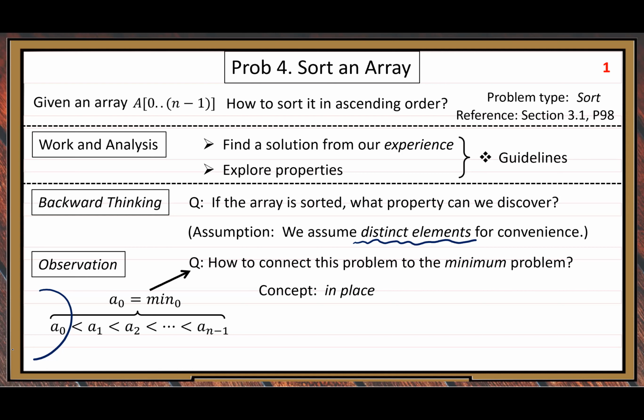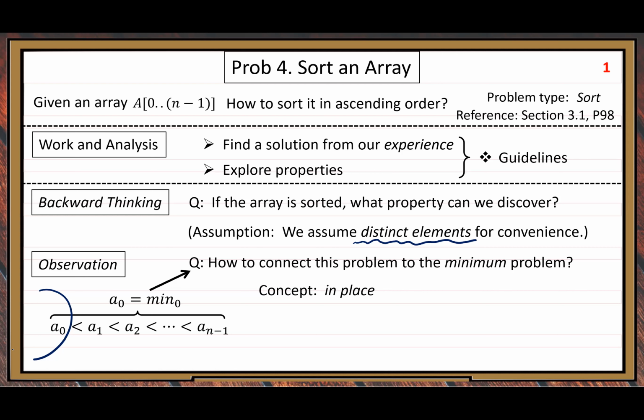After the first round, we find the minimum. We get the first element in place in our destination array. It is in place. We put it in place. That means if we look at the destination array, it is at the right place, right?